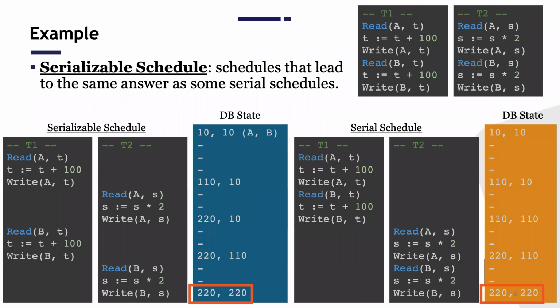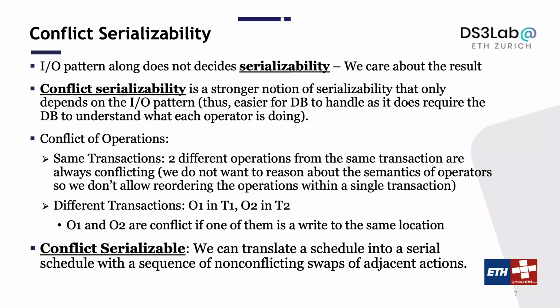To decide whether a schedule is serializable, you need to understand the computation, and that is very hard for a computer to do. So we define a stronger notion of serializability called conflict serializability. The goal is to decide conflict serializability given only the I/O pattern, without trying to understand the computation itself.